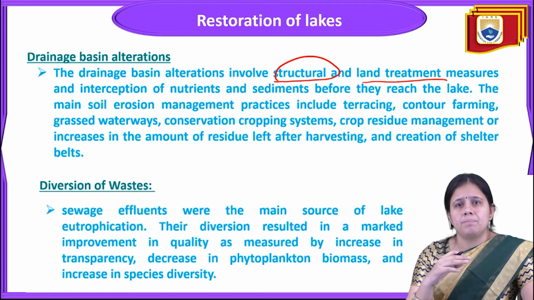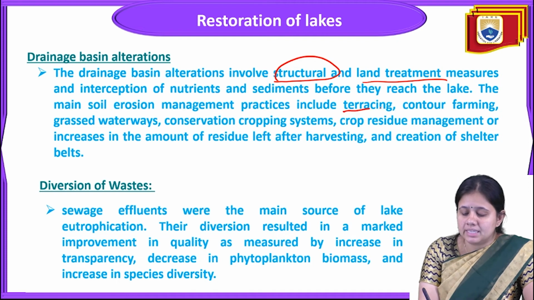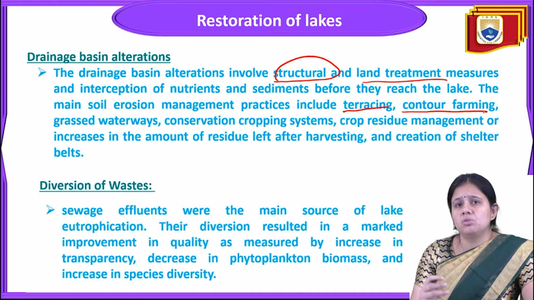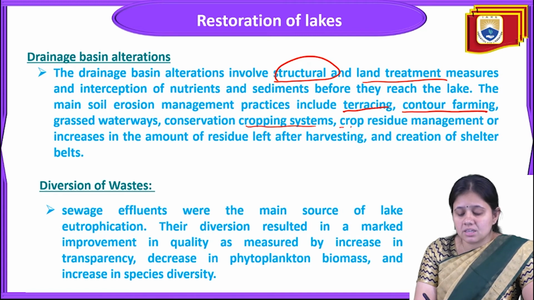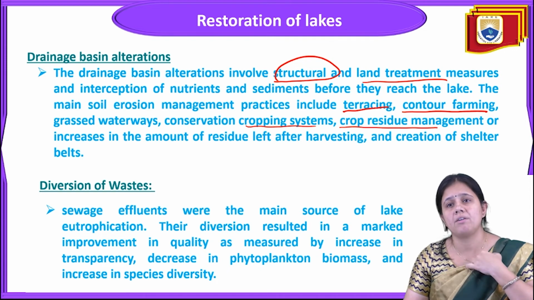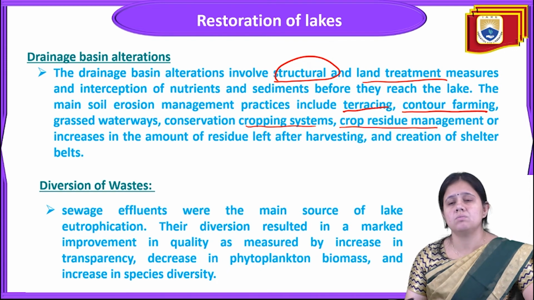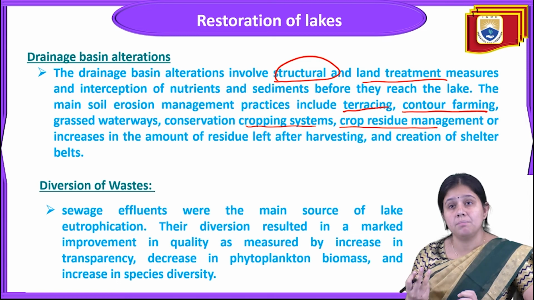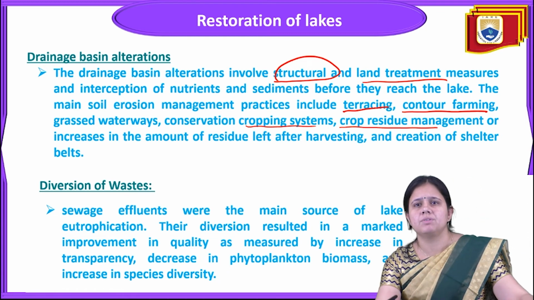The main soil erosion management practices include terracing, contour farming, grassed waterways, conservation of cropping systems, and crop residue management, or increasing the amount of residue after harvesting. These are the drainage basin alterations.